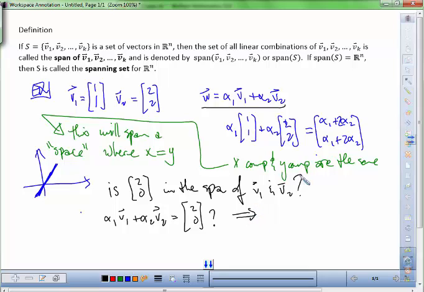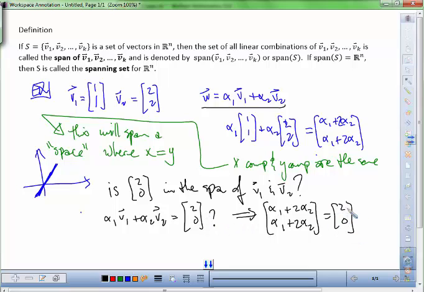No. Well, let's see. What I would have is alpha 1 plus 2 alpha 2, alpha 1 plus 2 alpha 2. I got that over here, right, is equal to 0.